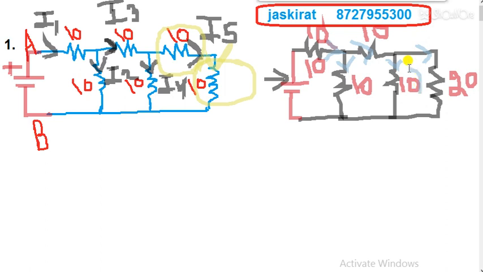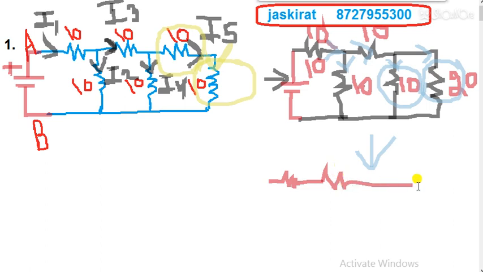Now we have to solve these two, this one and this one. Different current is flowing here, I4 in this branch and I5 in this one. That means we will make another circuit from it.